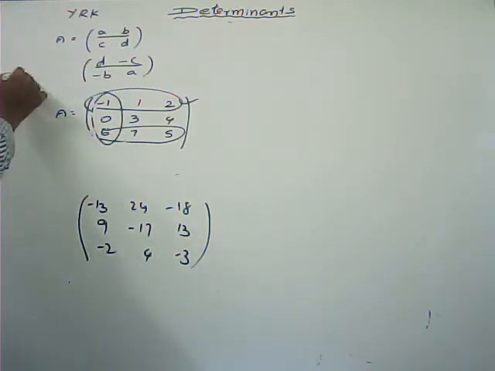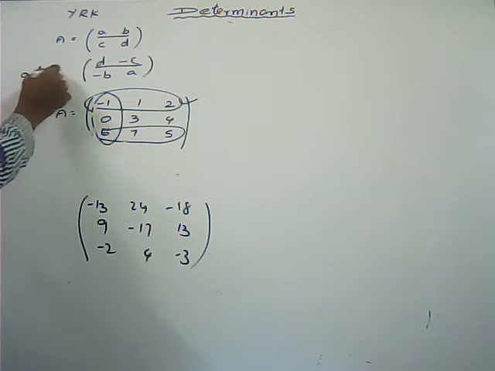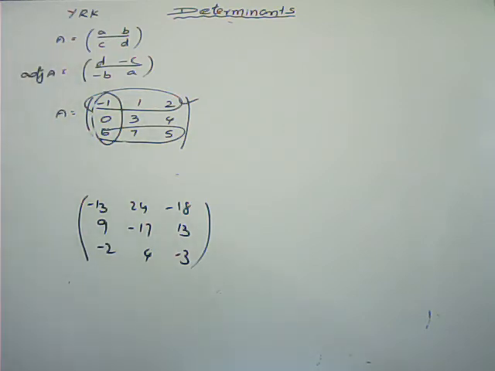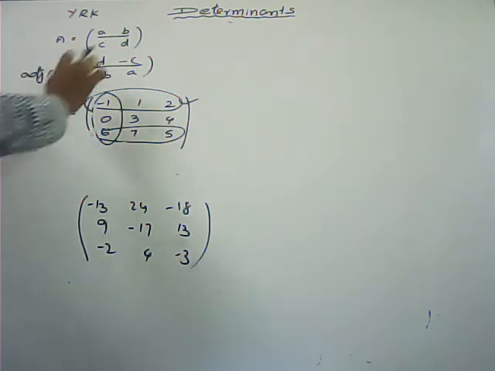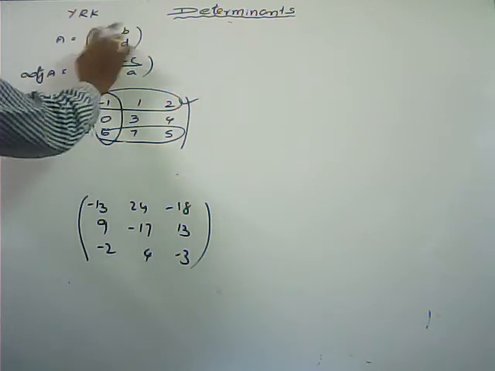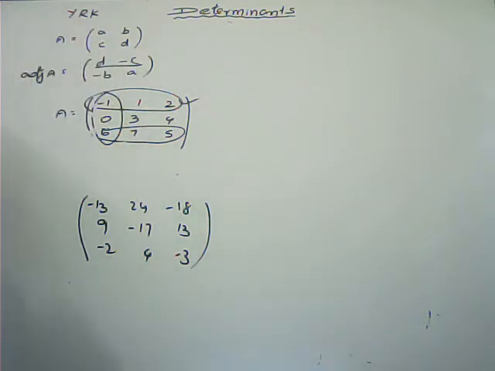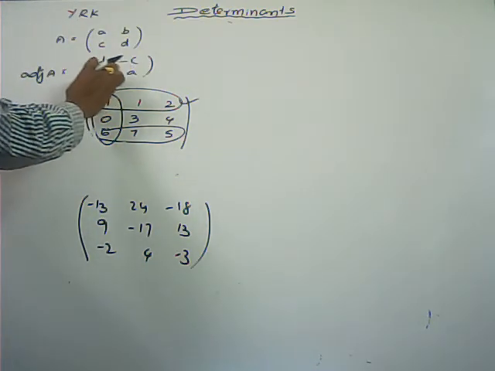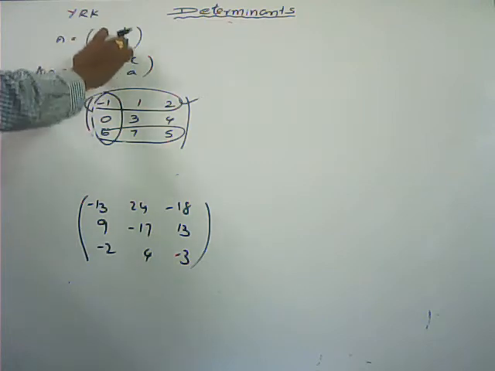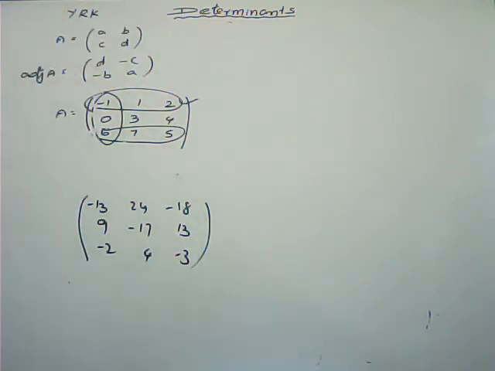Adjoint of A is equal to, first you write down the corresponding cofactors. Here A, B, C, D are the elements of the matrix. D is the corresponding cofactor of A, minus C is the cofactor of B, minus B is the cofactor of C, and A is the corresponding cofactor of D.